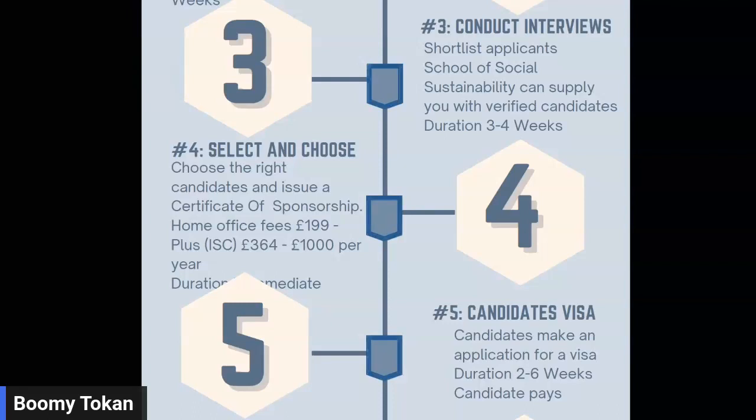If you're a large organization and you're employing them for 3 years, it will be £3,000, which is £1,000 times the number of years. Okay, and if it's for 5 years, it is £5,000, which is £1,000 times 5.